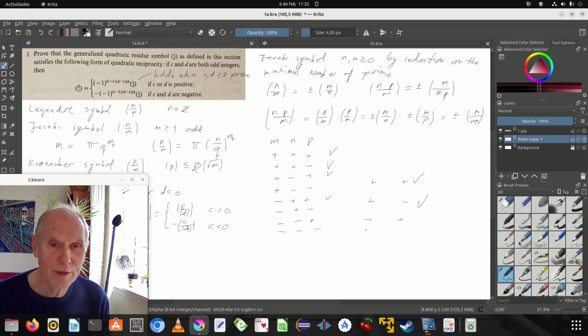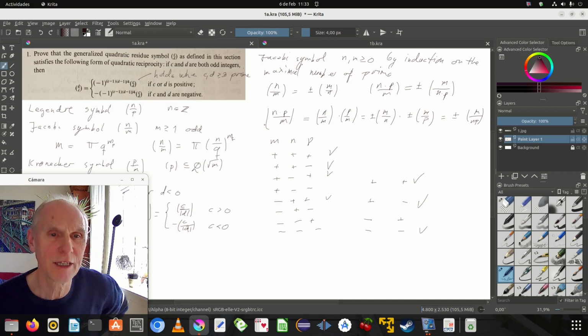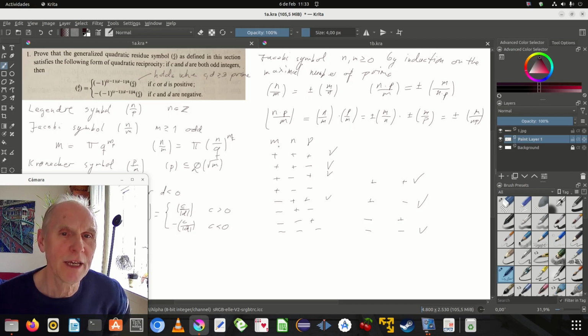And here it's minus all the way through, so it gives plus here. m is negative, but np is positive. So the signs do agree. And it will be the same when it's in the denominator. So that's a proof by induction on the length of the numerator and denominator.